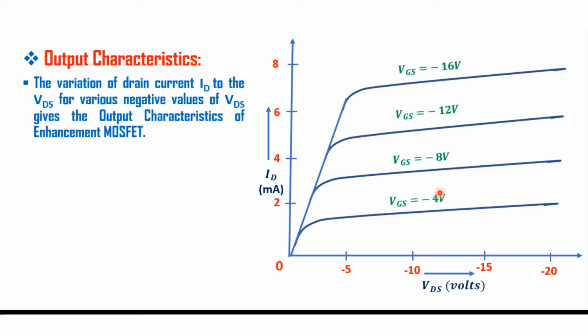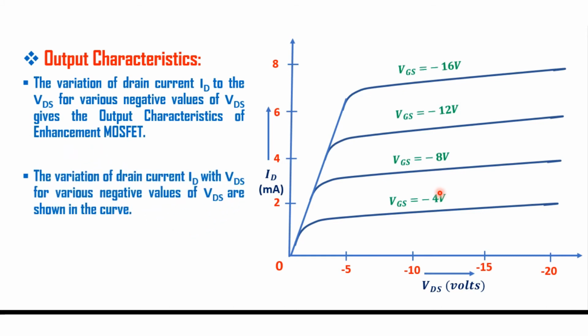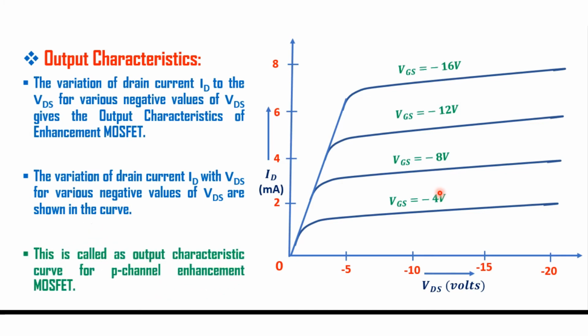This gives the output characteristics of the enhancement MOSFET. The variation of drain current with drain to source voltage for various negative values of gate to source voltage is shown in this curve, called the output characteristic curve for the P channel enhancement MOSFET.